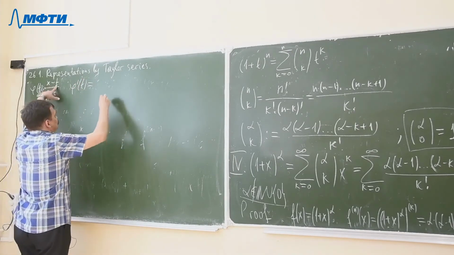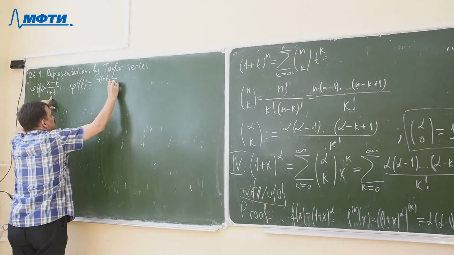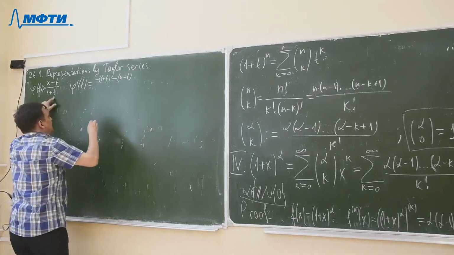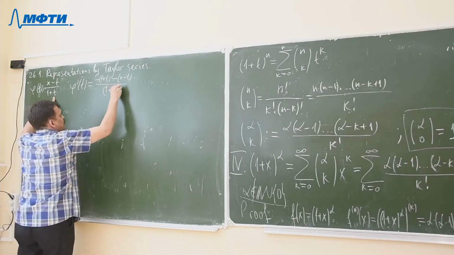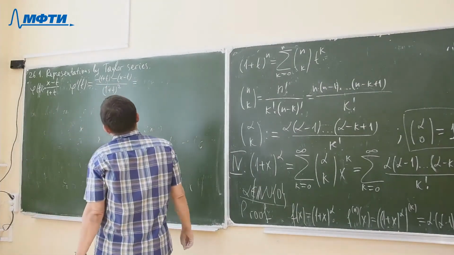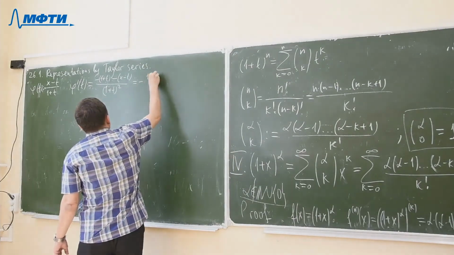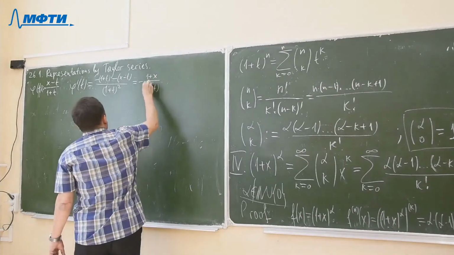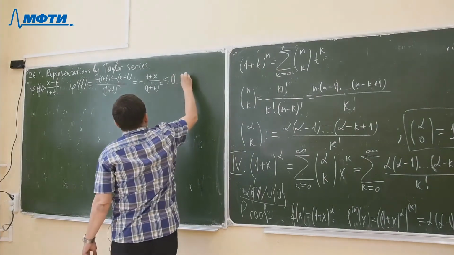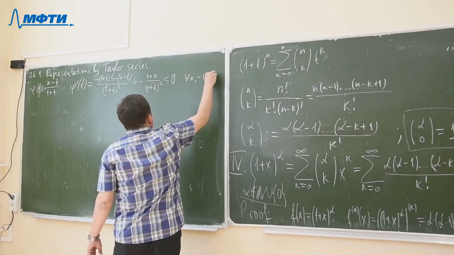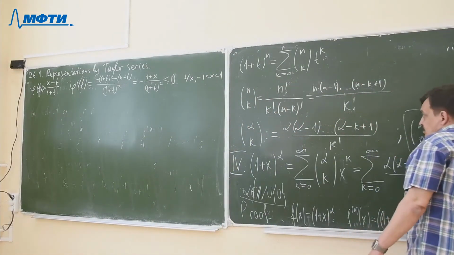So, derivative of the numerator, minus 1, times 1 plus t, minus the numerator times the derivative of the denominator, over (1 plus t) squared, and that is (minus t minus 1 minus x) over (1 plus t) squared. And you see that is less than 0, for all x from minus 1 to 1. We consider modulo x less than 1.